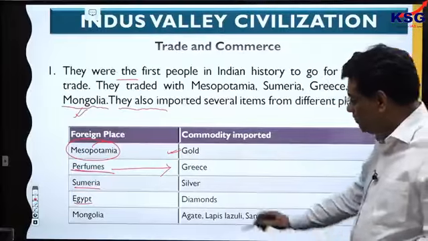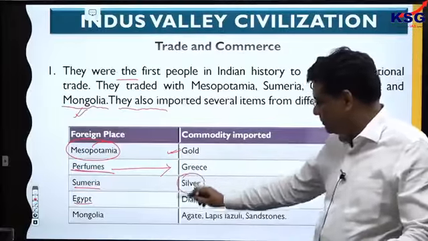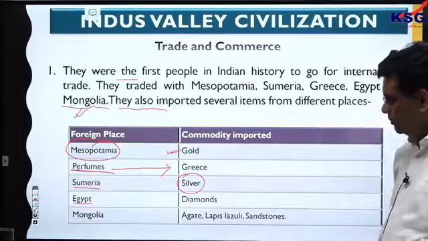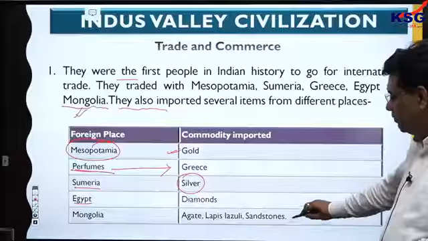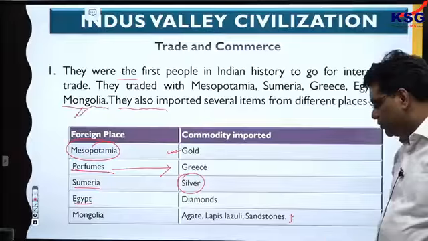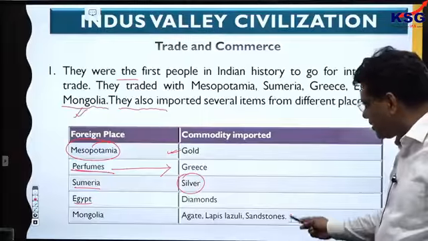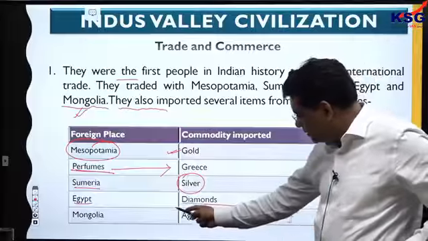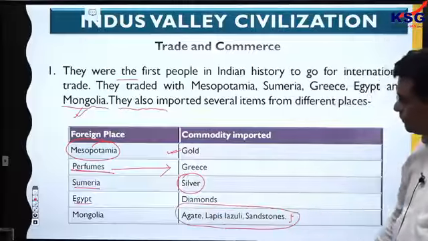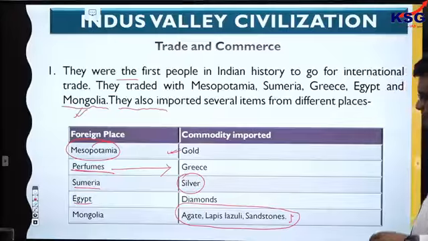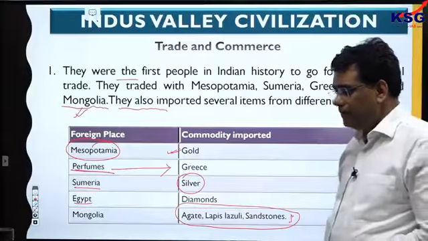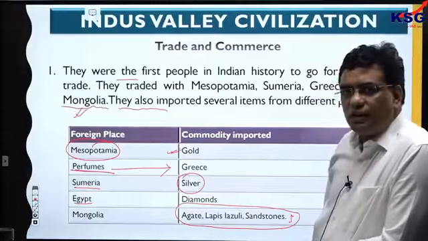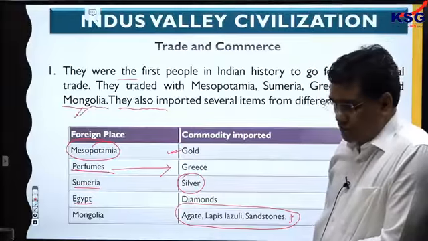From Sumeria they imported silver. From Egypt, they imported diamond. From Mongolia, they imported agate, lapis lazuli, sandstone, very semi-precious stones. So they had an excellent international trading destination.